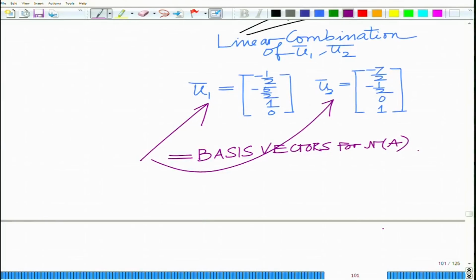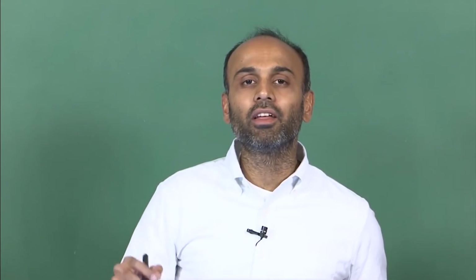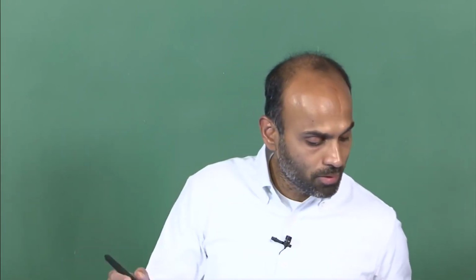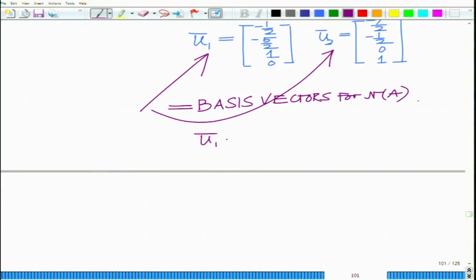That is, the null space of A is formed by all possible linear combinations of these vectors u1 bar and u2 bar. In fact, you can quickly verify that u1 bar, u2 bar themselves belong to the null space of A. You can quickly check this.